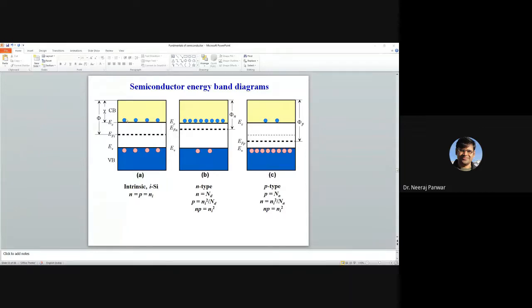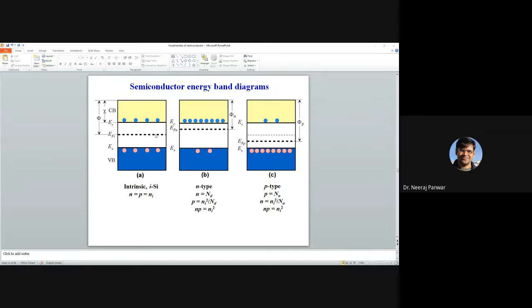The same number of electron hole pairs are generated, that's why their number is equal. And if we assume that the effective mass of electron and hole are the same, the Fermi level, shown by EFi, the intrinsic Fermi level, lies exactly at the center of the band gap.